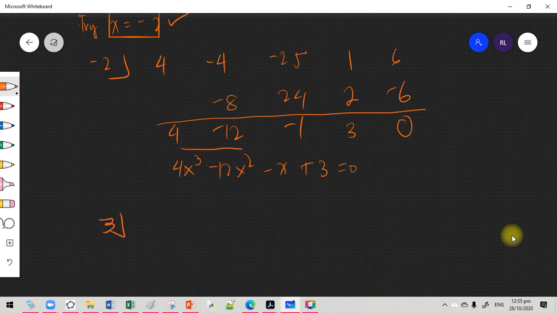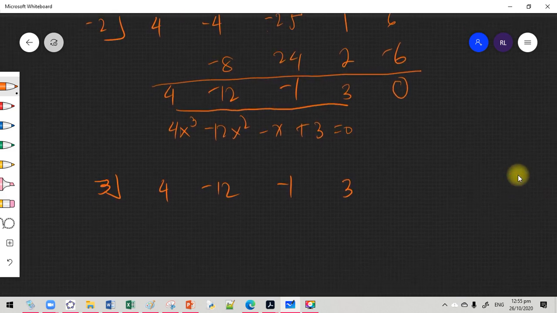So we'll use this already. So we have 4, negative 12, negative 1, 3. So if that becomes 0, therefore this one is a factor. So we have 4, 12, so 0. 3 times 0 is 0, negative 1.